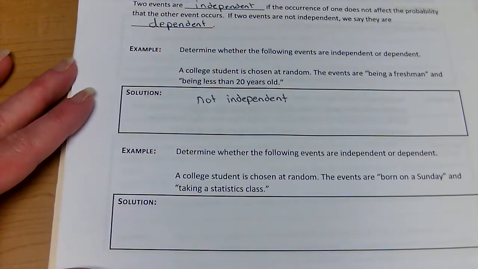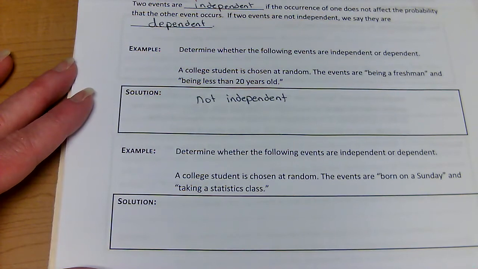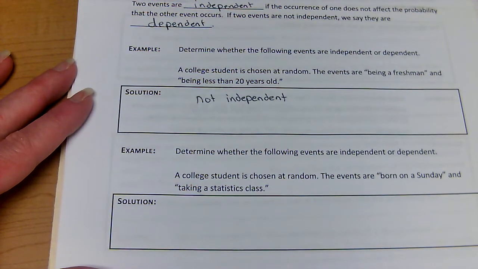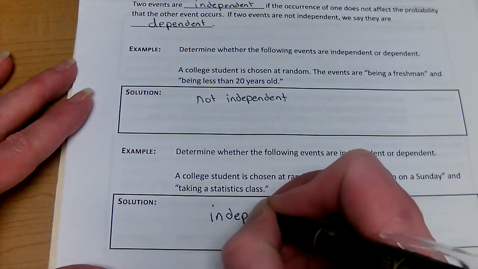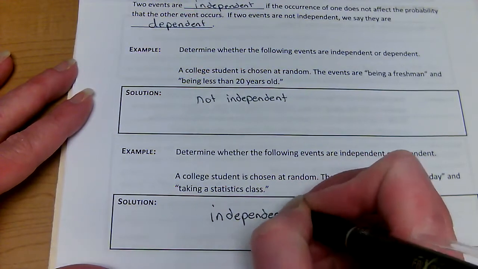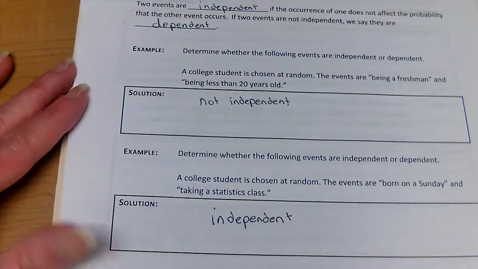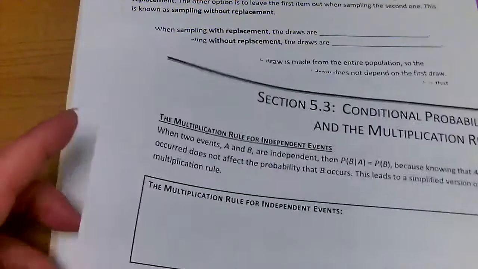A college student is chosen at random. The events are born on a Sunday and taking a statistics class. Is being born on a Sunday going to have anything to do with whether you take a statistics class? No, these would be independent. Now, why does that come into play?